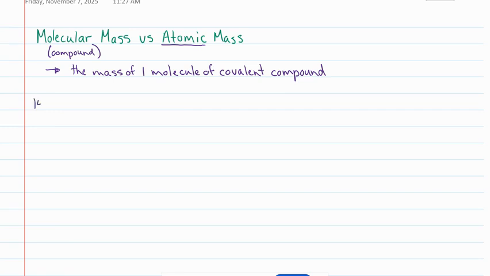So for example, we've got C3H8, which is propane. And if we look at what our structure looks like, we've got 3 carbons bonded together with 8 hydrogens all the way around.